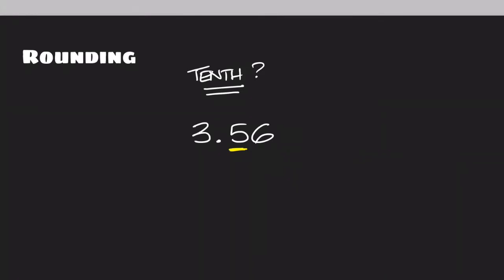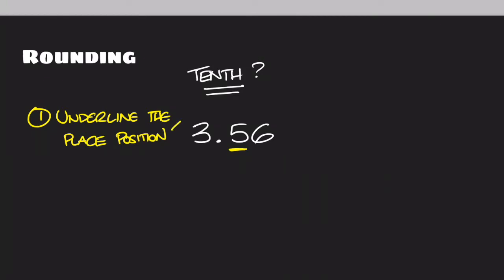So my step one is I am going to underline the place position I'm rounding to. That's my first step: write my number down, underline what I'm rounding to.